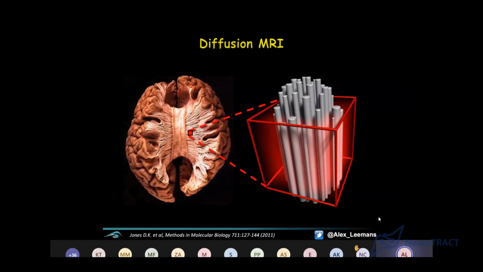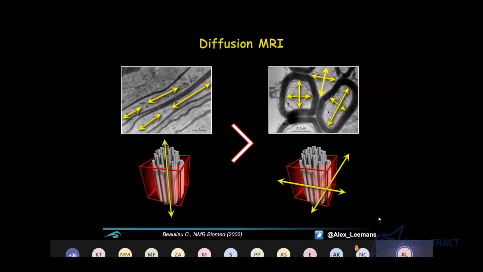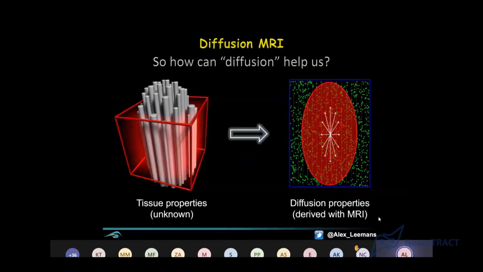All these things cause your molecules to follow a pattern. This is sketched out in more detail, right? So you see along the pathway, molecules would be less hindered, so they would be easier to propagate. And perpendicular to them, it's a bit more complicated for these molecules to spread out.